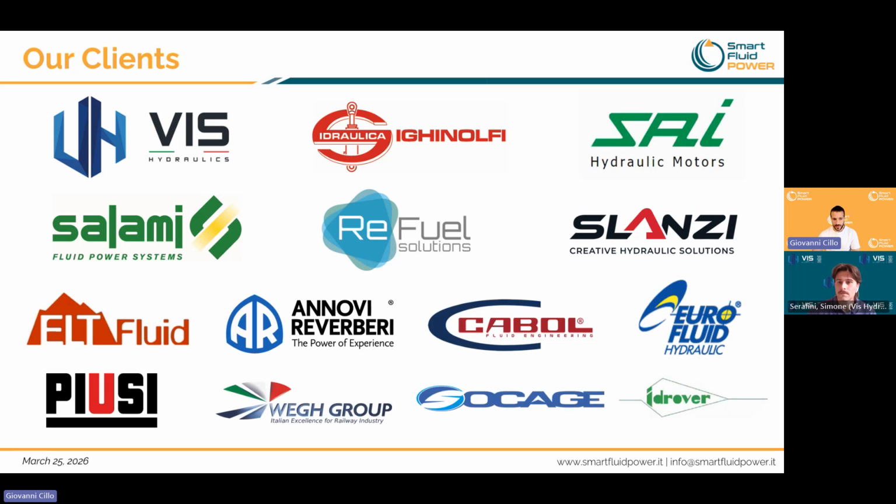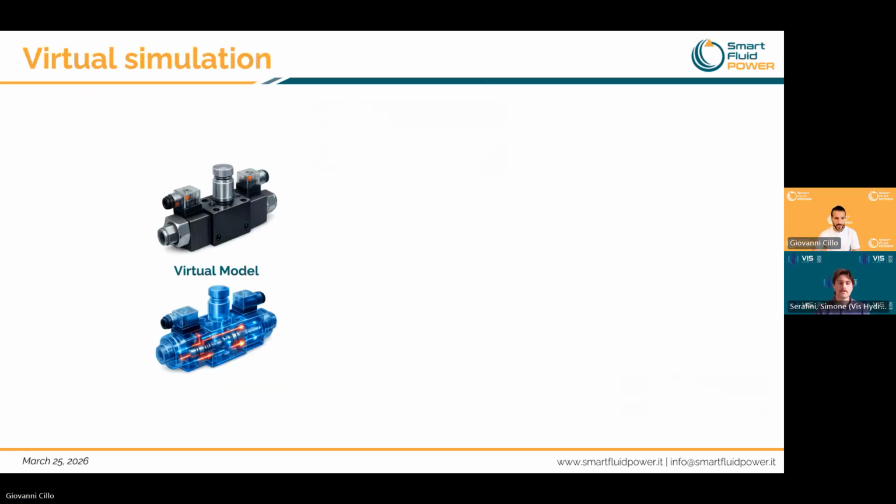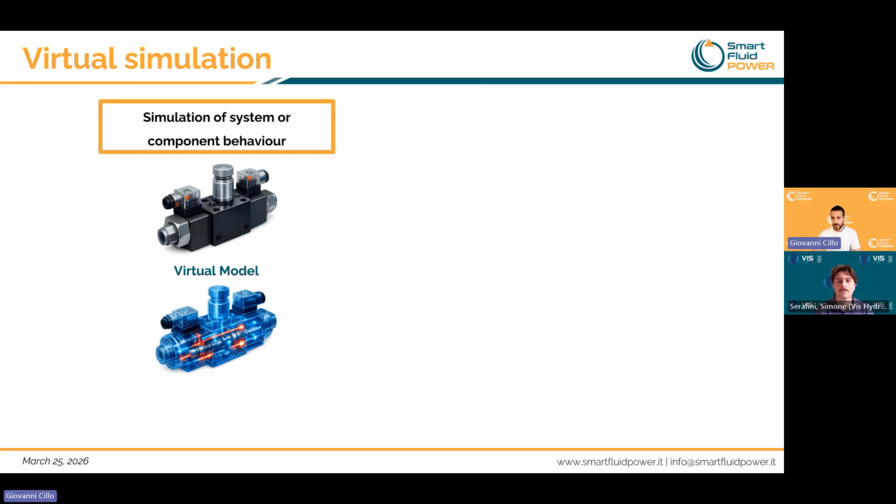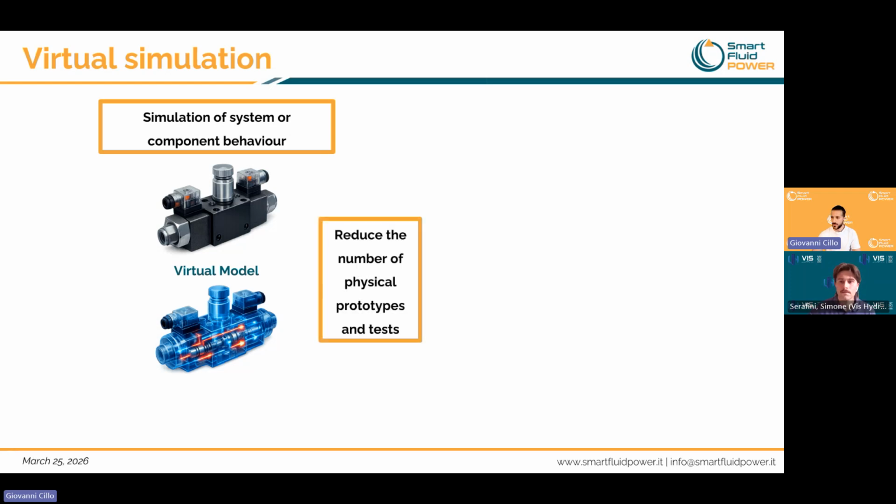We mainly operate in hydraulics, but more generally in pressurized fluid systems, including fuel, water, and similar applications. We focus on virtual simulation. A virtual model reproduces the behavior of a system or a component and helps to reduce the number of physical prototypes and experimental tests.